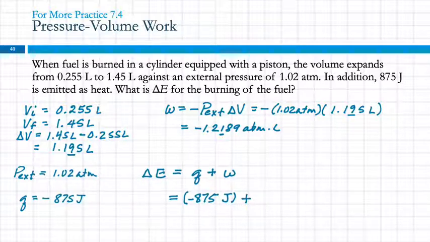Plus W, but I can't add joules and atmosphere liters. The units have to be the same, so I have to convert my work into joules. So the atmospheres cancel and the liters cancel.